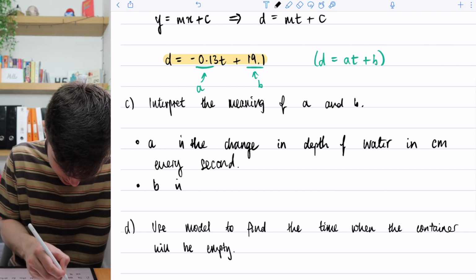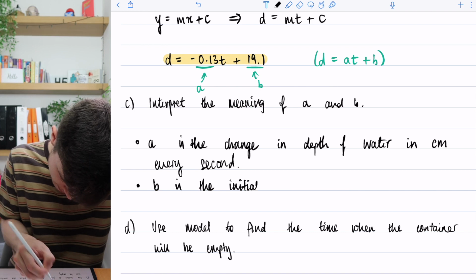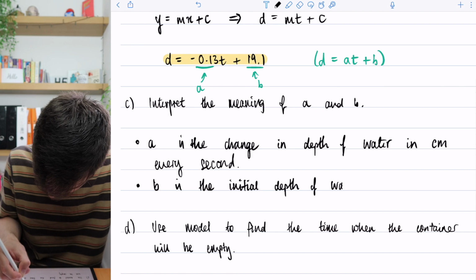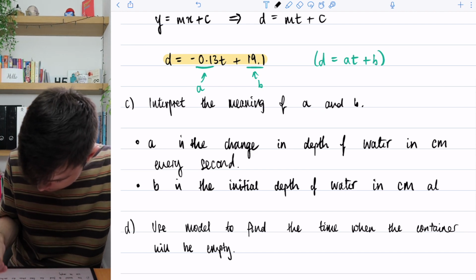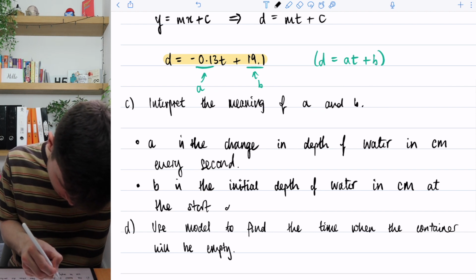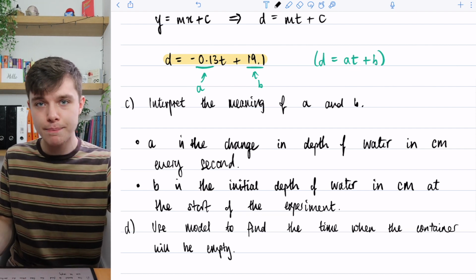So B is the initial depth of the water in centimetres at the start of the experiment. Okay, so hopefully that makes sense.